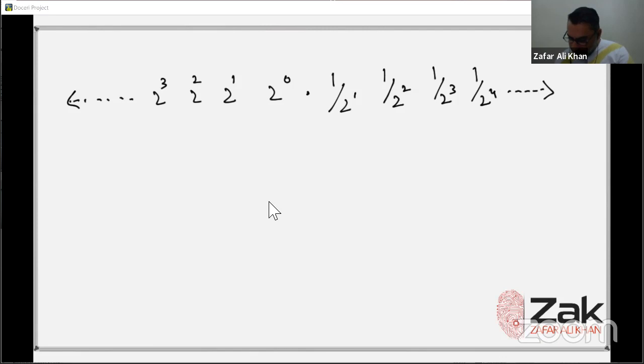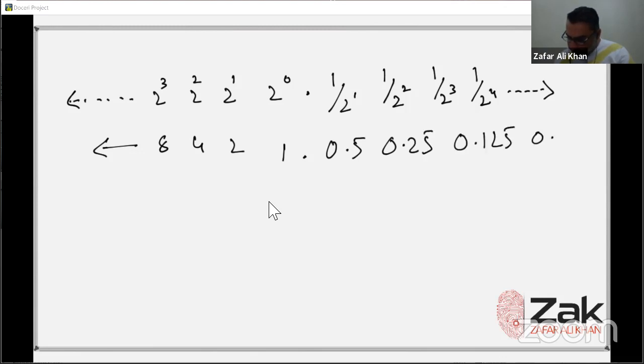So if we solve it, this would become 1, 2, 4, 8, which goes further, and this would become 0.5, 0.25, 0.125, 0.0625, and this goes further.